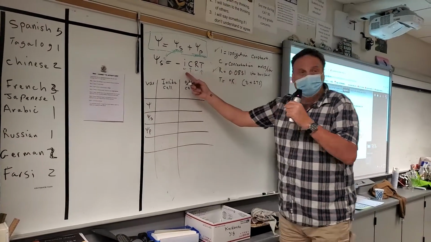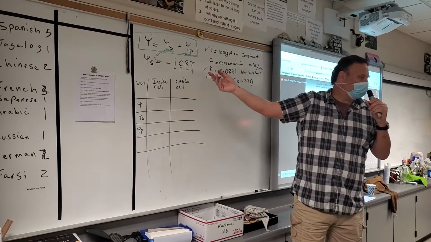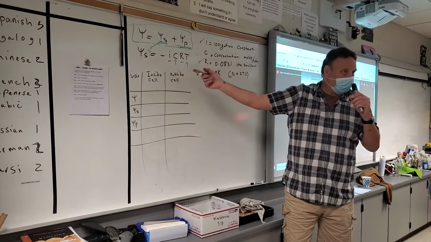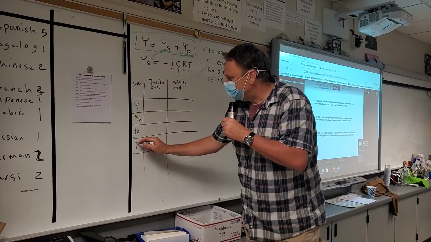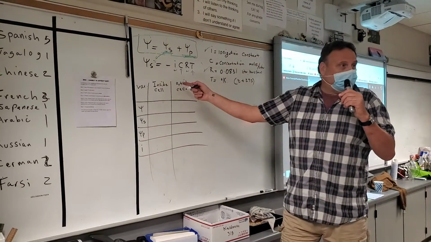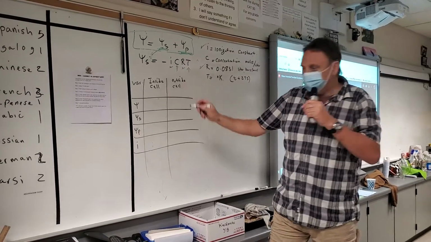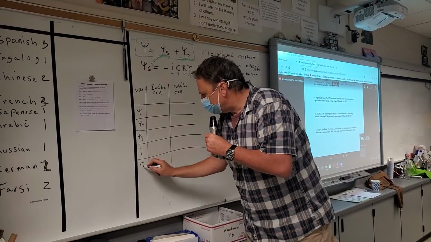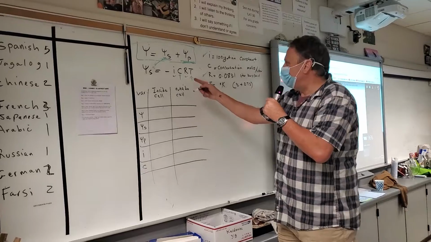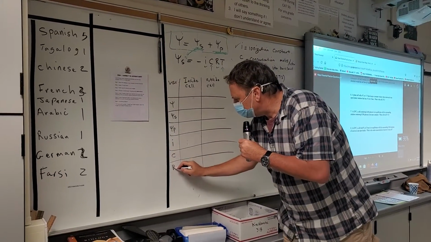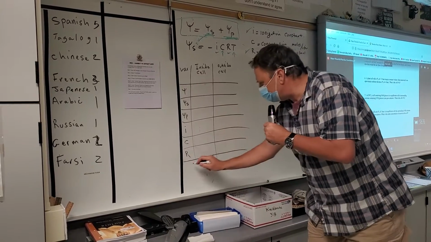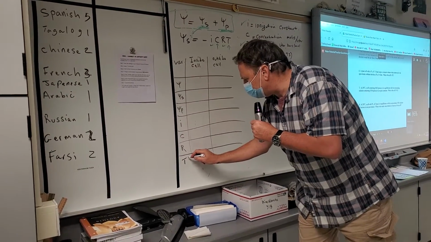What other variables are there? There's i, right? In this whole story, there's i. There's concentration, C, in moles. What else? There's R. And then my last one is temperature in degrees Kelvin.